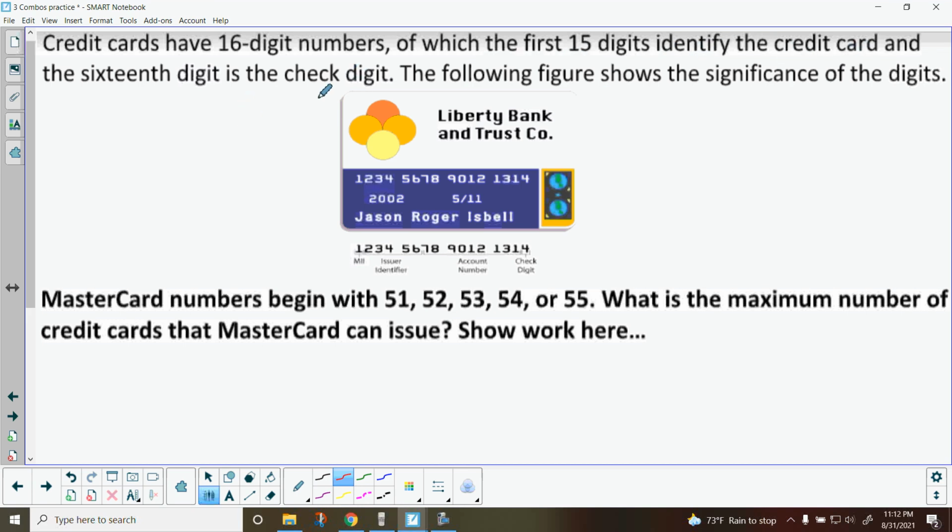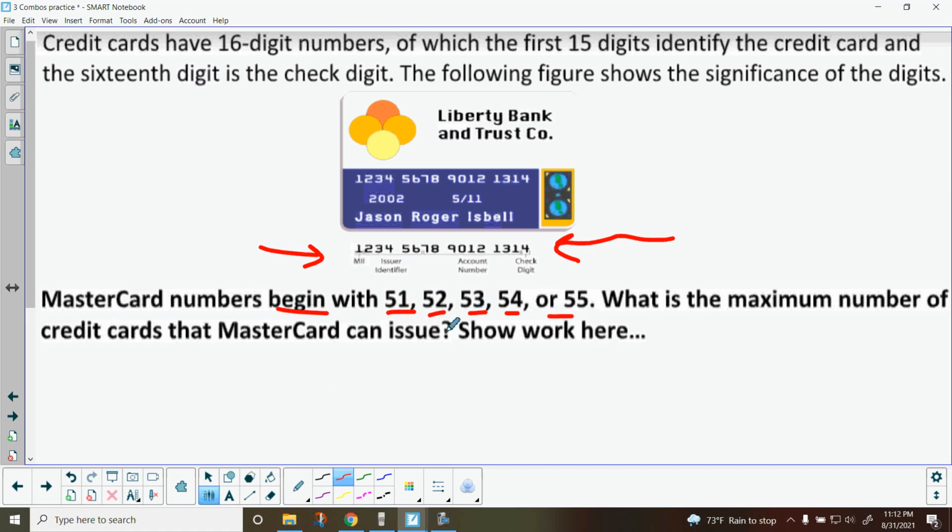One might say I'm teaching you how to forge credit cards. The following figure shows the significance of the digits. Mastercard numbers begin with 51, 52, 53, 54, 55. What's the maximum number of credit cards that Mastercard can issue?